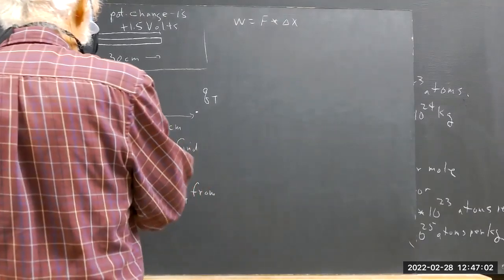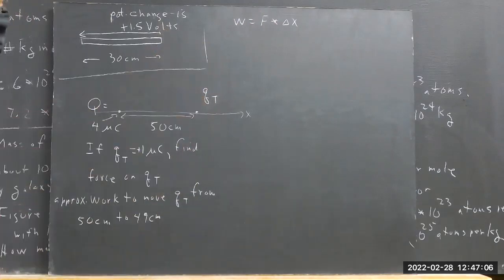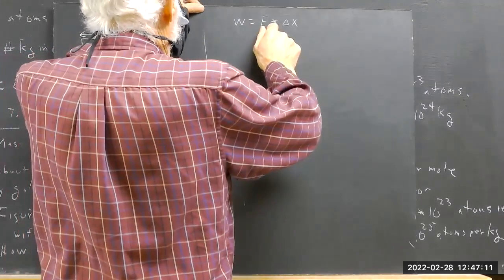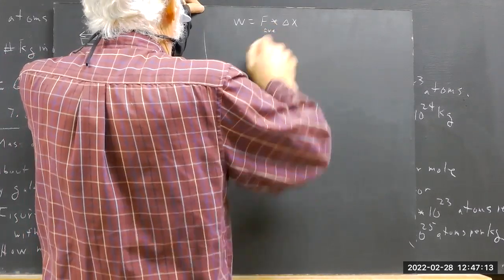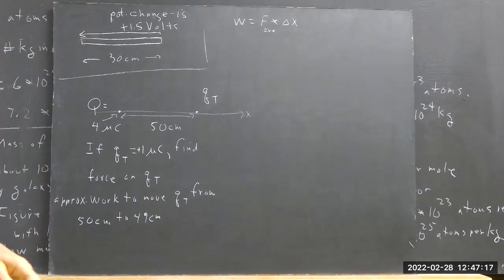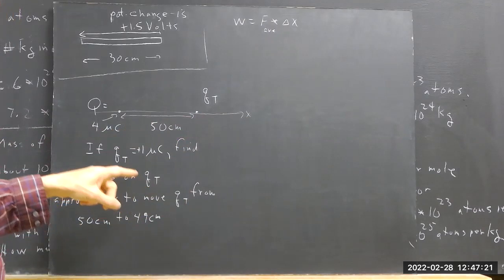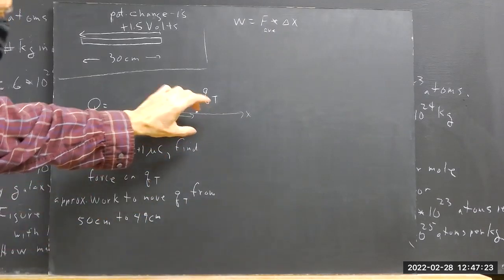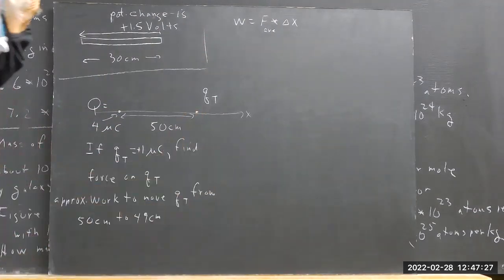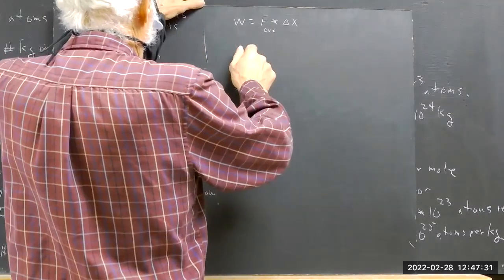We'll just propose an x axis. Doesn't matter. We can arbitrarily do that. Now, of course, you better say it's the average force times delta x, because as we move from 50 centimeters to 49 centimeters, we know the electric repulsion is going to get greater. Okay, so work is the average force times delta x.